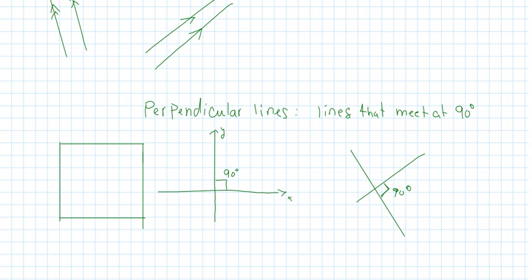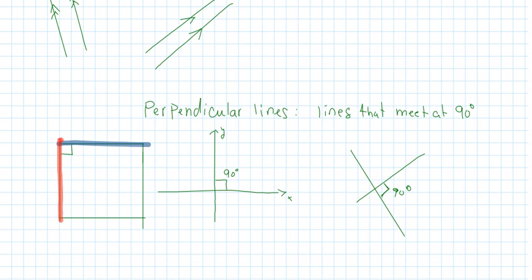I think it's a rectangle. If you look at this line and this line, they meet at 90 degrees. So this line and this line right here, they're perpendicular to each other.